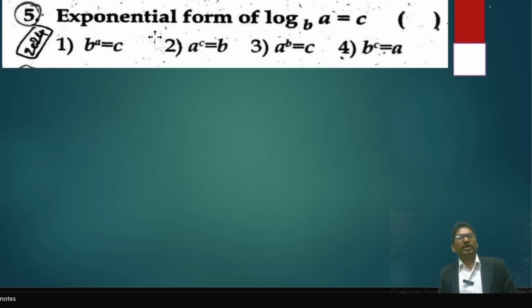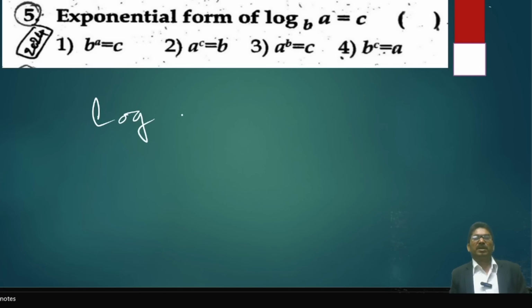Next question 5. Exponential form of log a base b is equal to c. So this is the logarithmic form. Then how to write the exponential form?